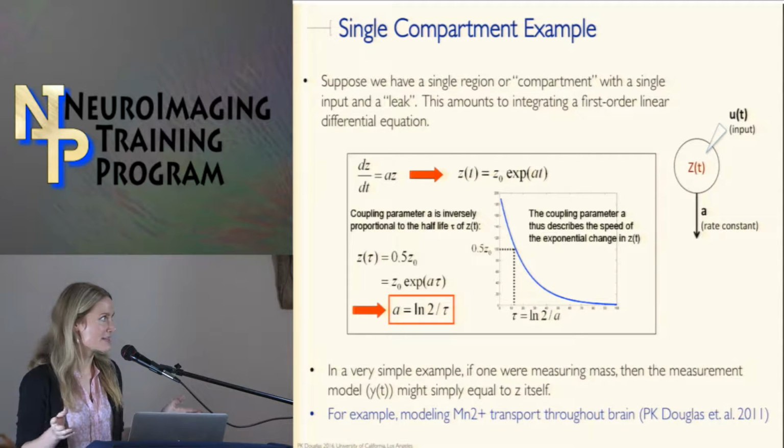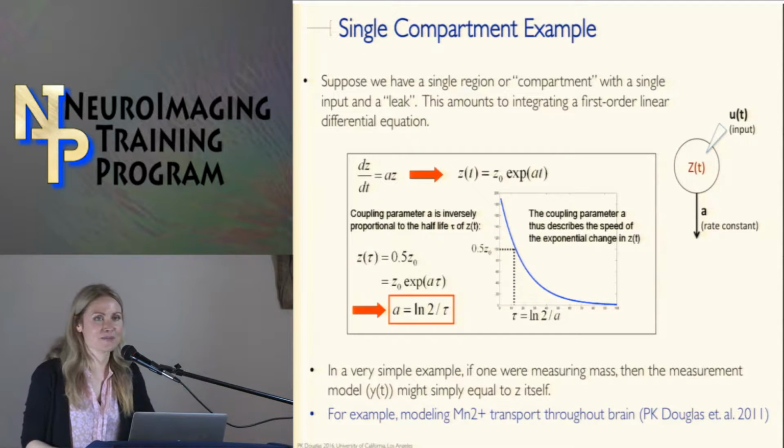When you can't, the model is said to be unidentifiable. But most models can be approximated numerically even when you don't have an a priori identifiable model. So I was going to talk about this a little bit, but it's okay.